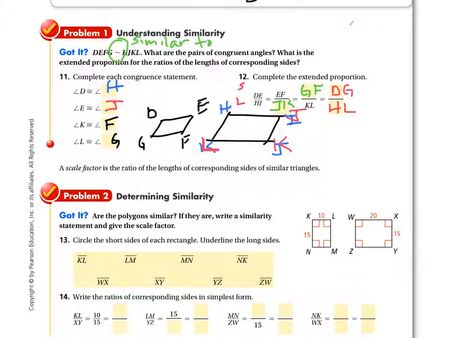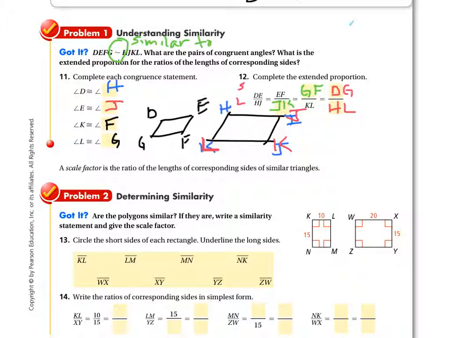So when you're doing your proportion, since this is smaller and that's larger, and they started off with DE over HJ, DE belongs to the small, and HJ belongs to the big. So I did small to large, just to remind myself, so that when you get over here, you're doing small to large, and the only side left over is DJ, and that corresponds to HL. So are we good with that?